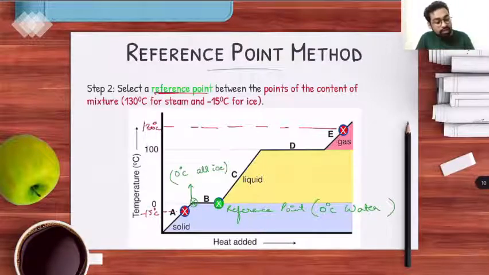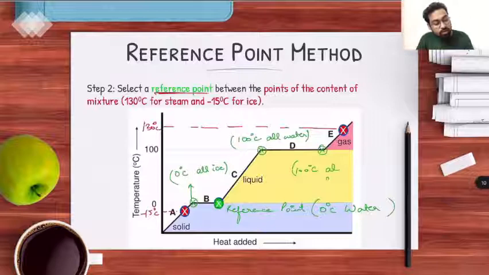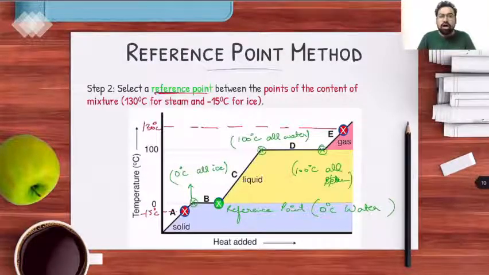If I consider this reference point, this would be 100 degrees Celsius all water. And similarly, if I consider this as the reference point, this is 100 degrees Celsius all steam. So that depends on how exactly you want to choose the reference point. Let us say for now our reference point is somewhere over here, that is B.